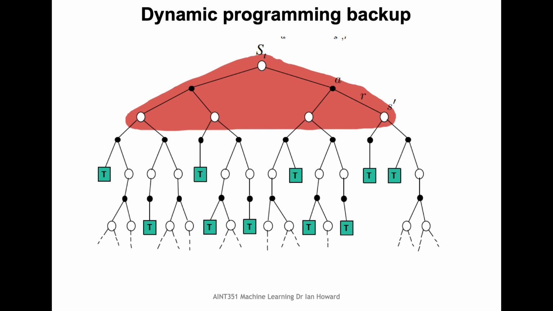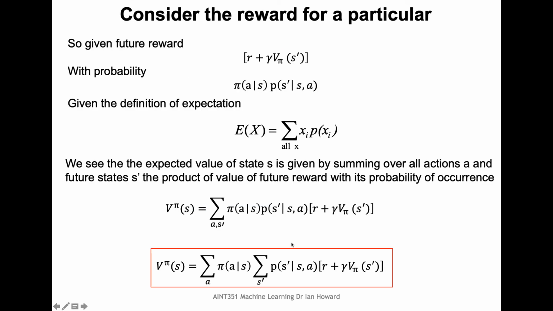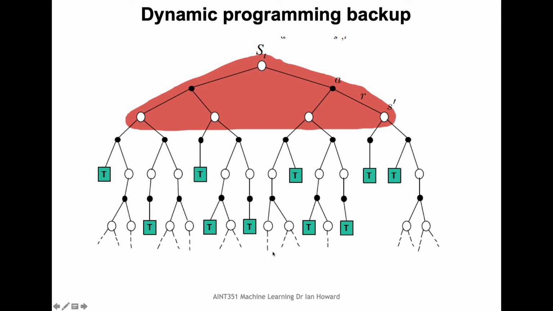And just to think about what this is computing, it's summing across all actions here, and it's summing across all future states here. Quite often you'll see these things expressed in terms of what we call a backup, which is really how wide and how deep it looks at the structure of the state space.